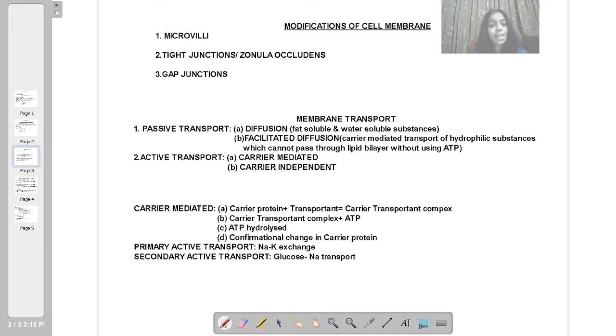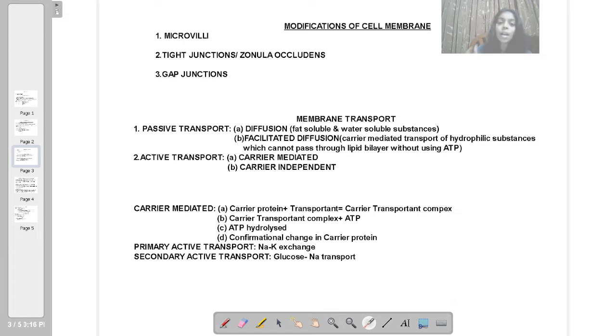Now in today's lecture, as you can see the screen displays, we would be knowing about modifications of cell membrane. Modifications in what sense? Structural modifications.